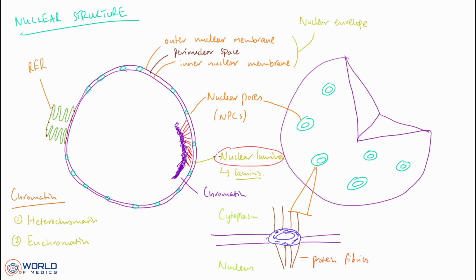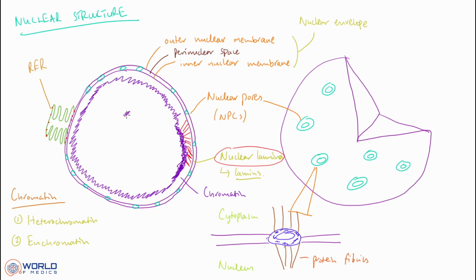Whereas the euchromatin is less densely packed, less densely coiled, and it has a lighter appearance. So for that reason, what you're going to find on the inside of the inner nuclear membrane is this dark appearance. And that's just because of the heterochromatin, which is attached to the nuclear lamina filaments, the lamins.